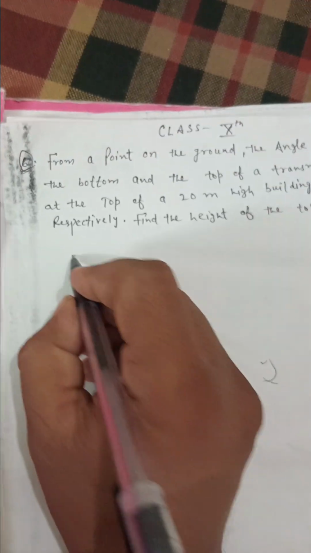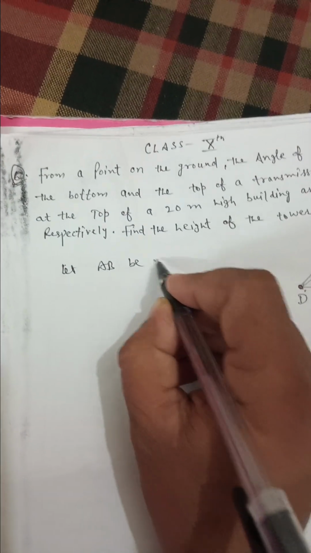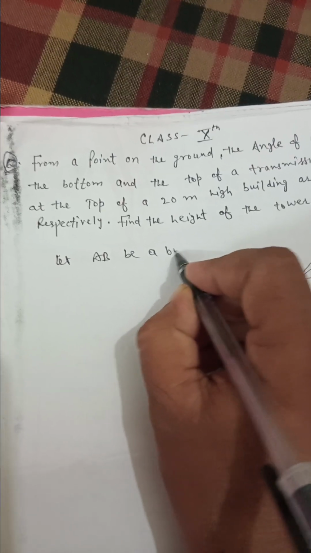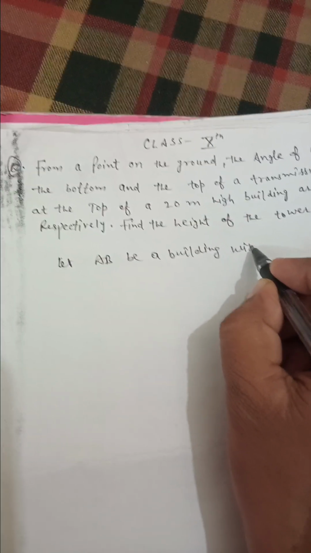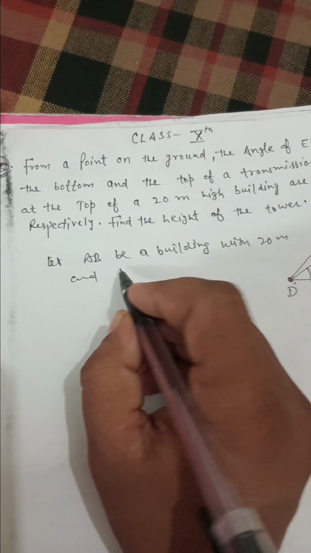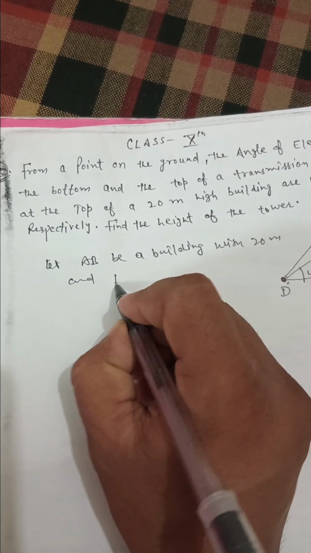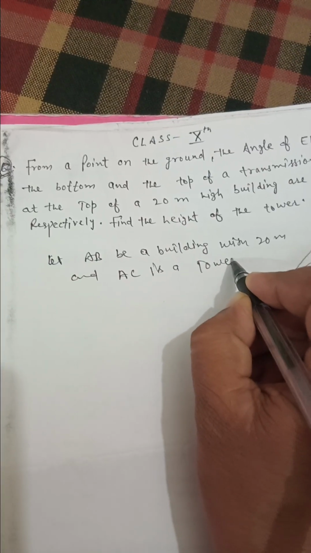So let AB be a building of 20 meter and AC a tower.